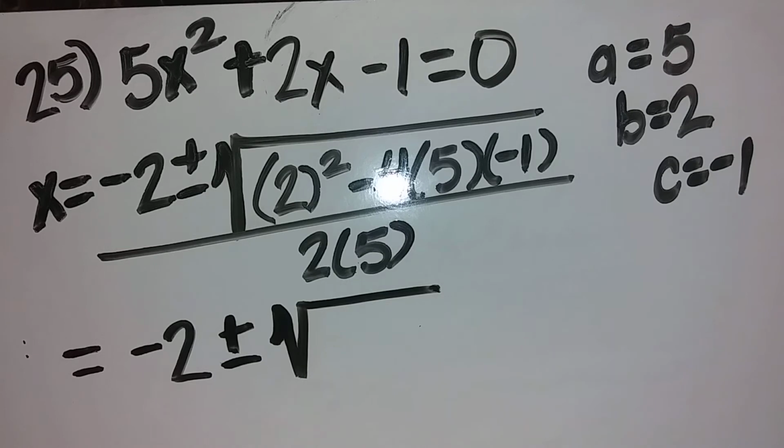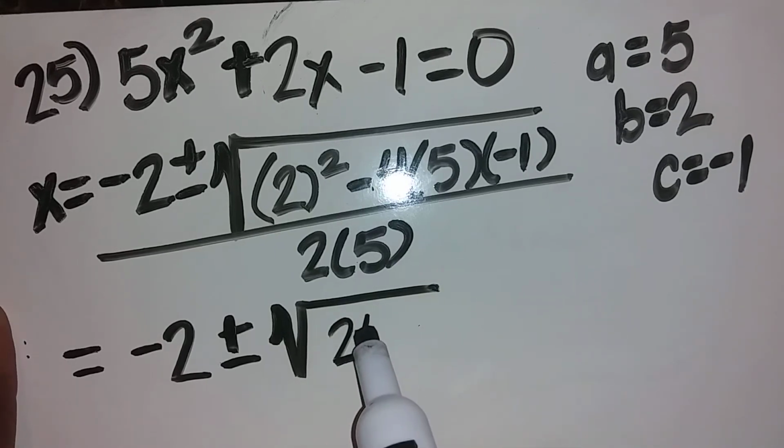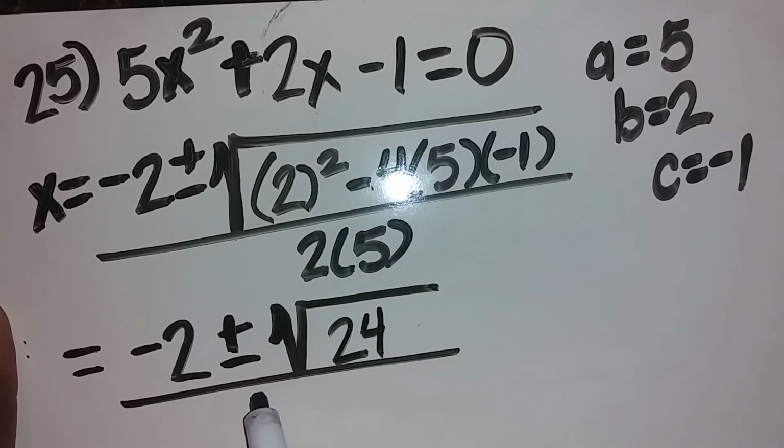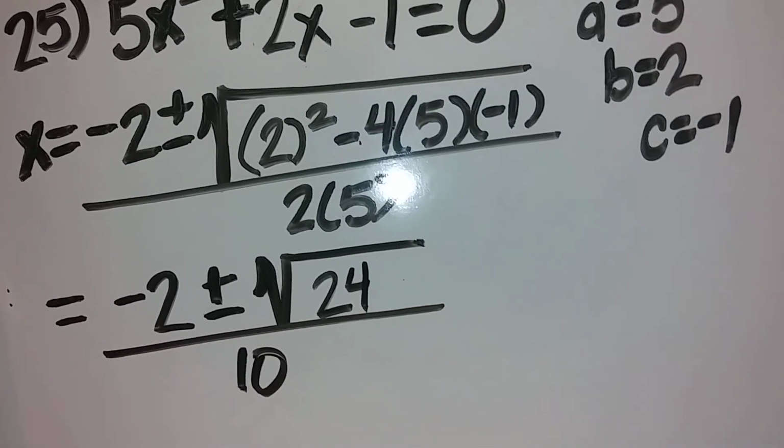Let's type that one in again. I'm going to say 2 squared on my calculator minus 4 times 5 times, and I'm going to say negative 1, not subtract 1. So I said 2 squared, minus sign, 4 times 5 times negative sign 1, and I got 24. 2 times 5, I know it's 10.